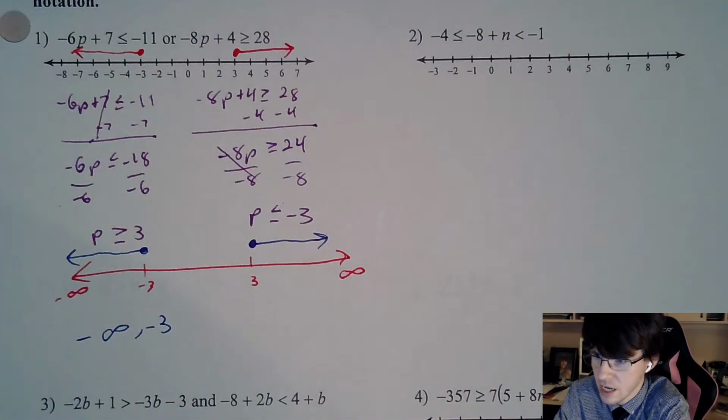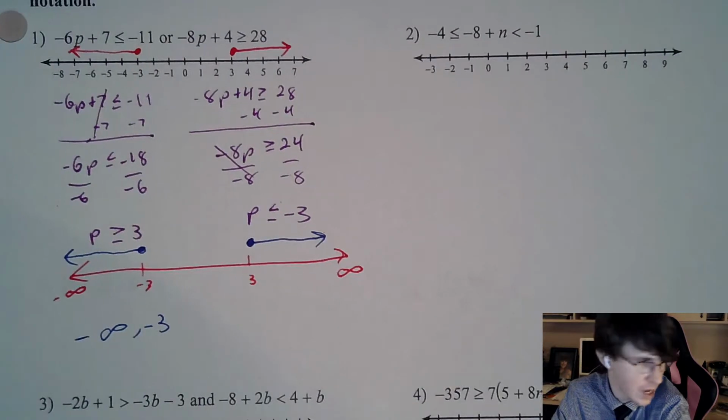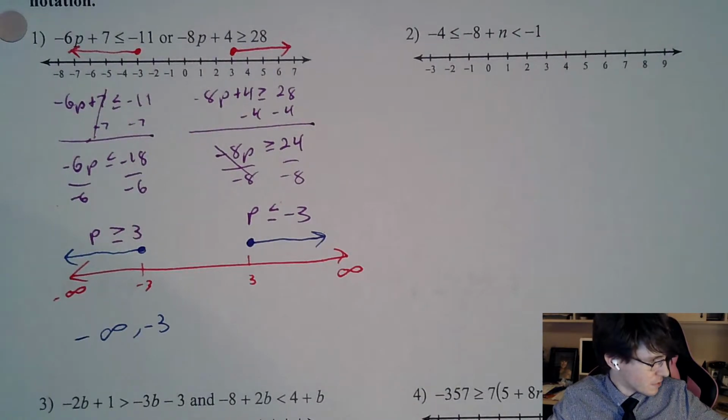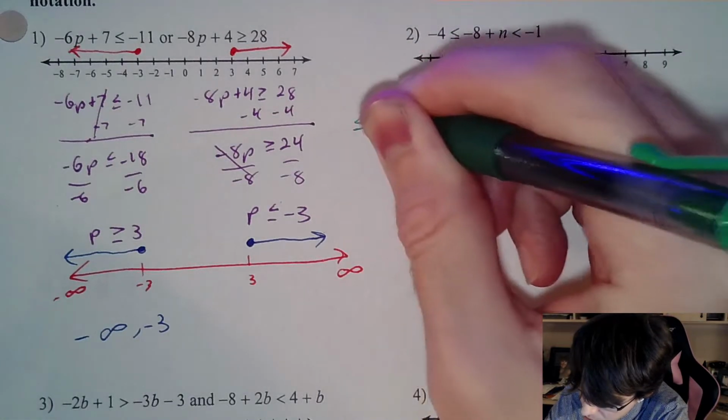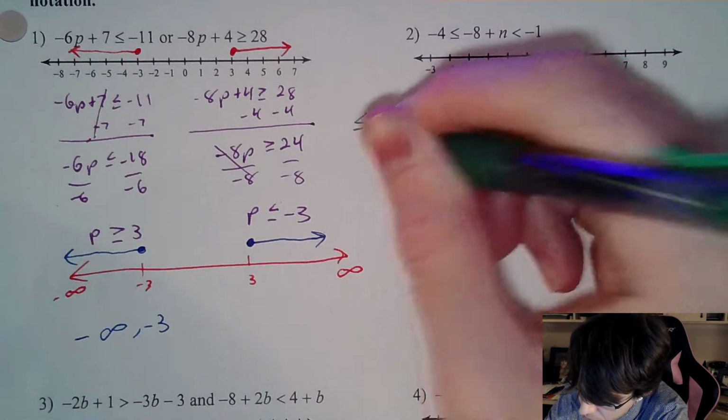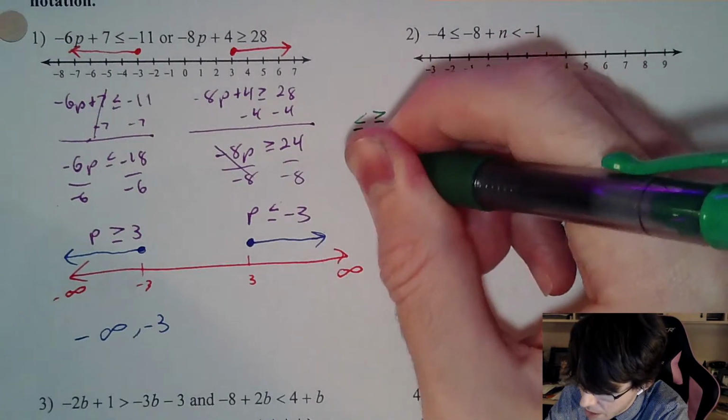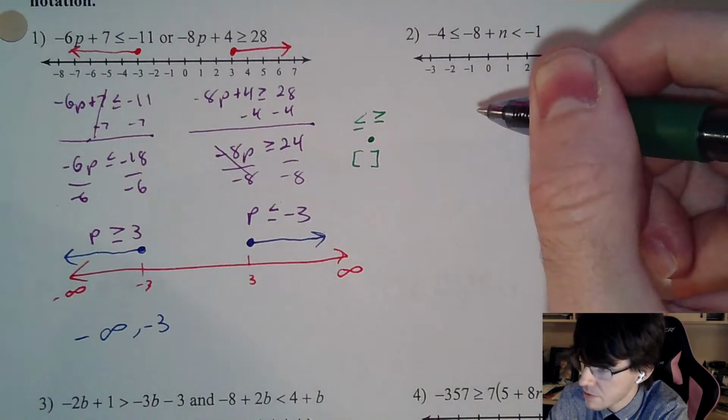Now we need to decide if we're going to get a bracket or a parenthesis. For those of you who might be confused about whether it's a bracket or parenthesis, I do want to remind you of some of the notes, and maybe if you don't have them, you can get them down now. Anytime you see these less than or equal tos, you already know that those go with a filled-in circle, but they also get brackets.